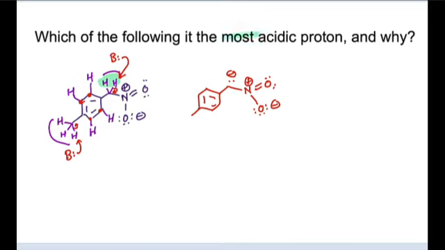Okay. So those are definitely the most acidic ones, but it would take some drawings to support your answer. So it says and why. We can answer that with both words and drawings, and in this case we would want to draw out all the possible resonance contributors. So there are many.